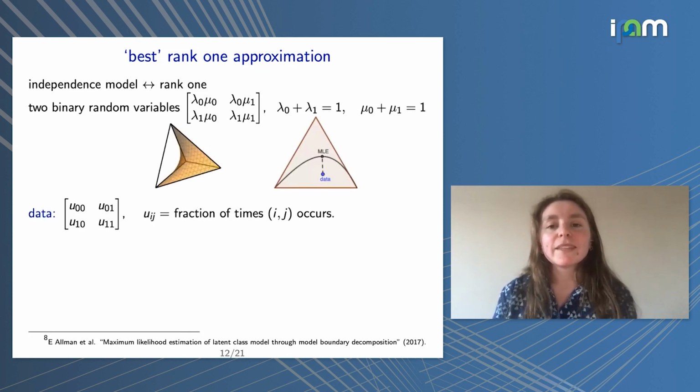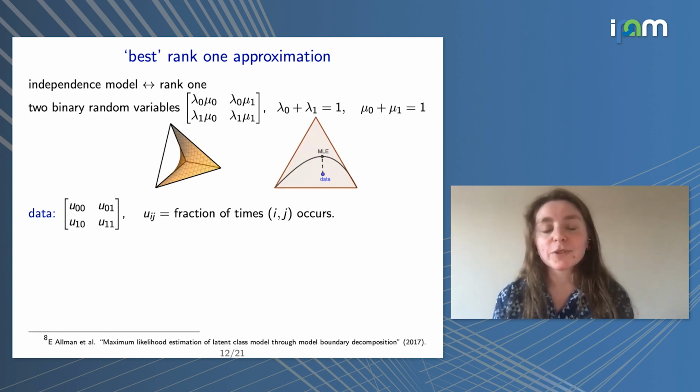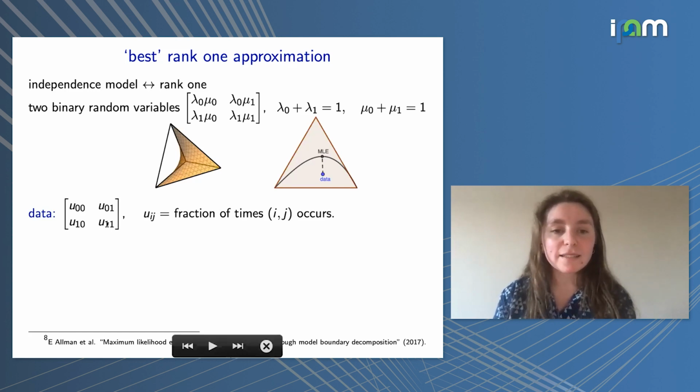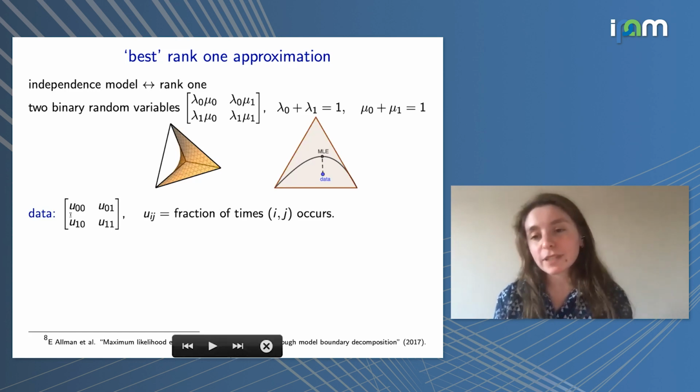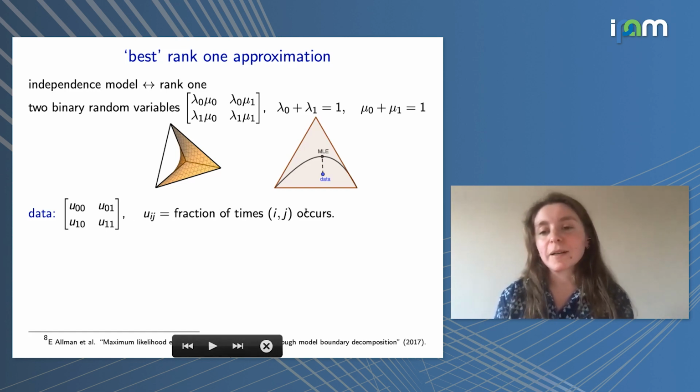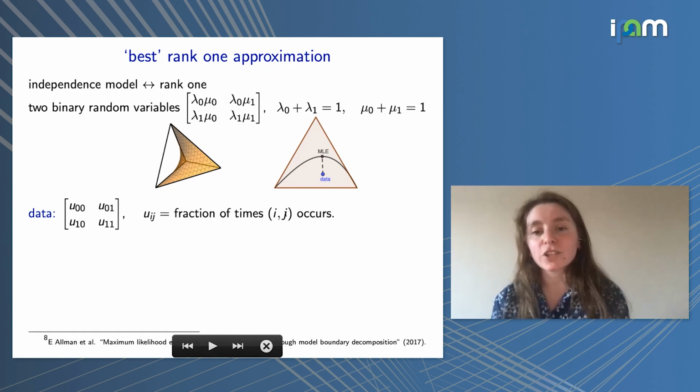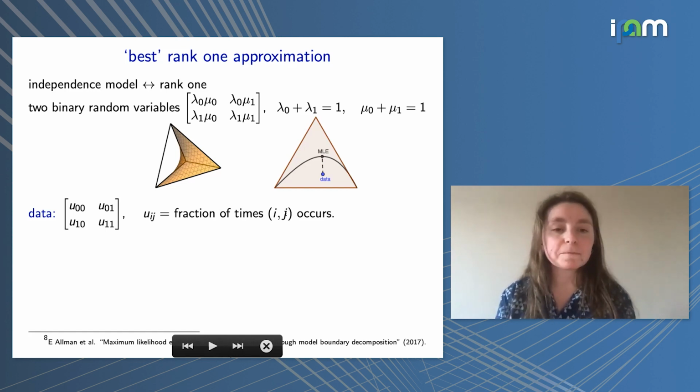So now we want to study maximum likelihood estimation for this model. Our data is this tensor, or in this case a matrix. At entry u_ij, we get the fraction of times that we observed state i for the first random variable and state j for the second one.